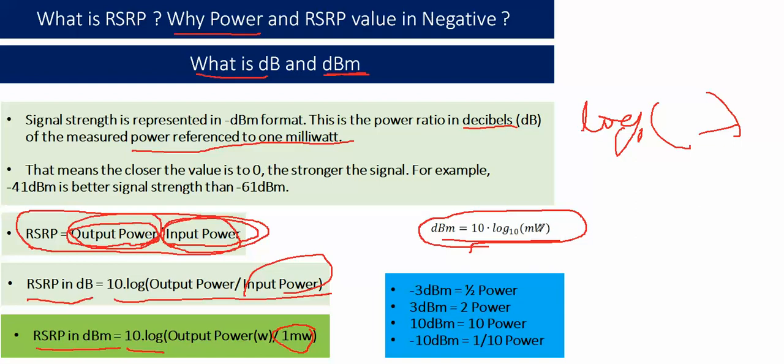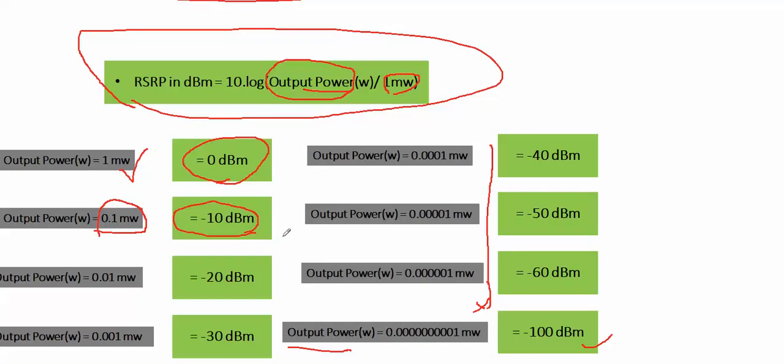If the power is below 1 milliwatt, we get a negative value, as we already saw.